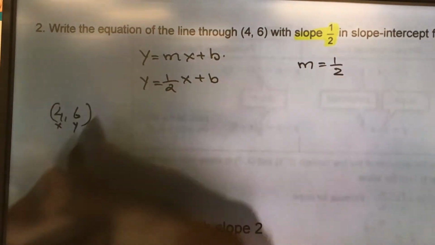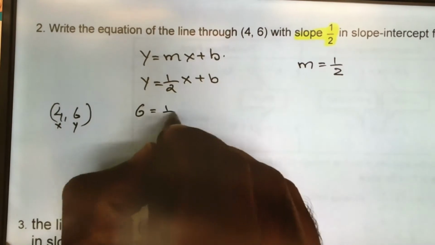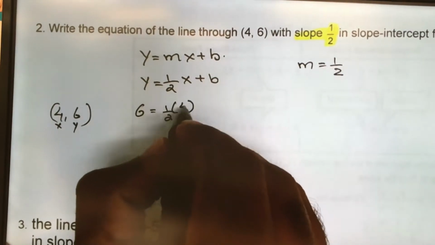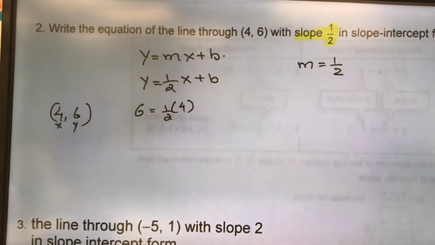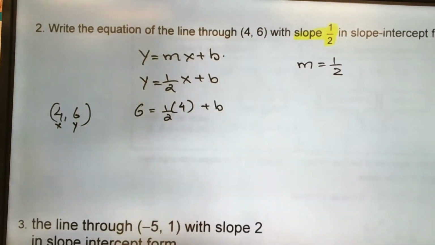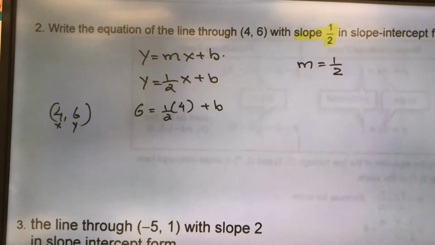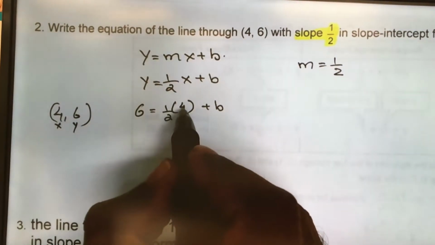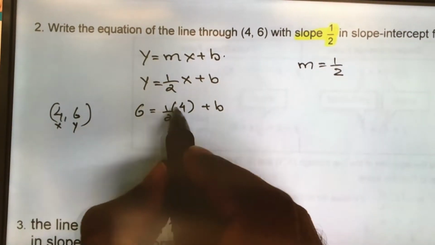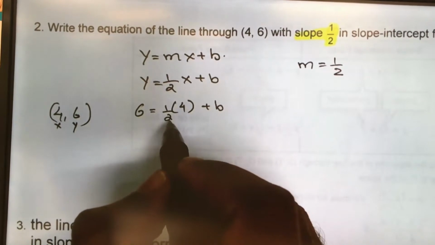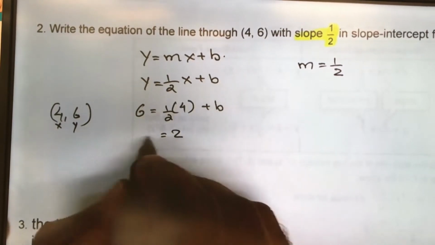So you will get 6 = 1/2 of 4 plus b. Simplify 1/2 of 4: 1 times 4 is 4, divided by 2, that becomes 2.